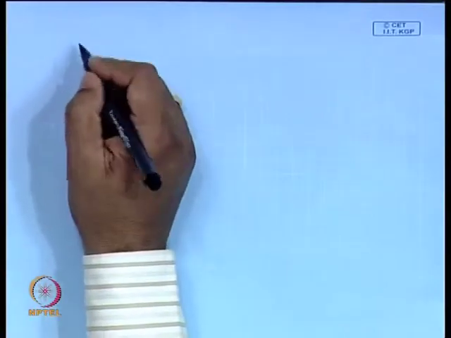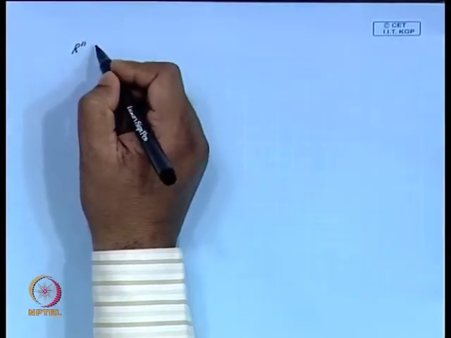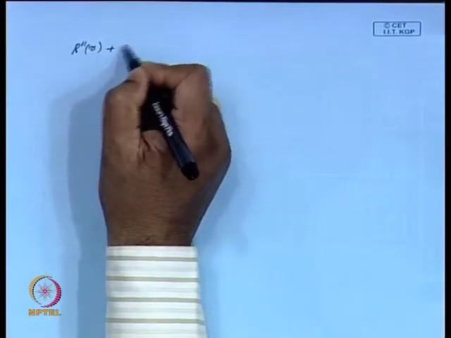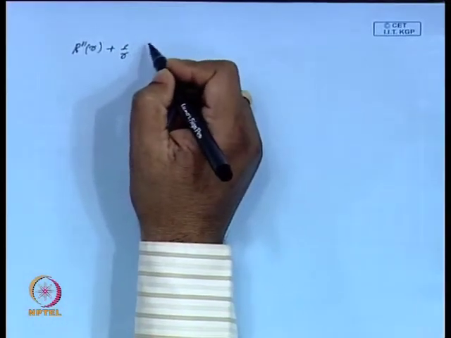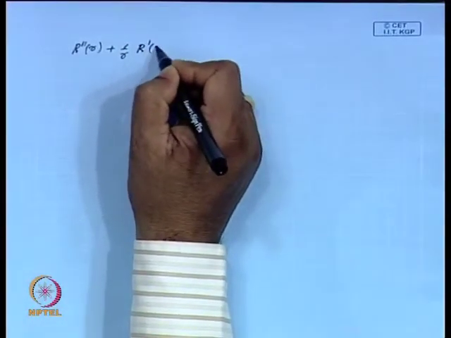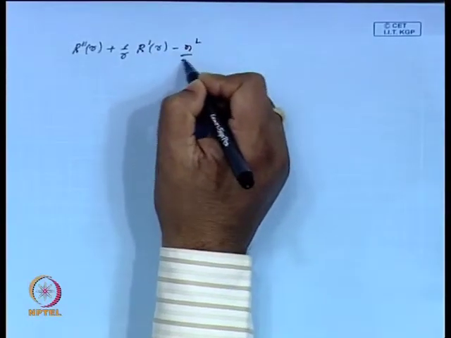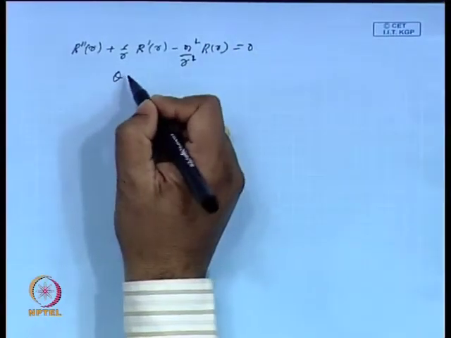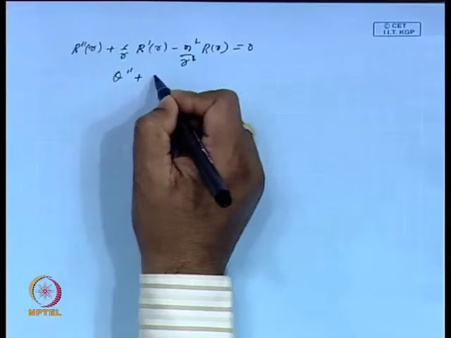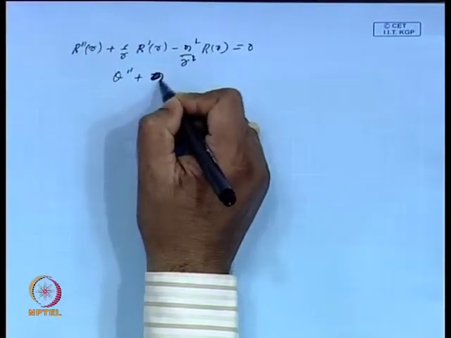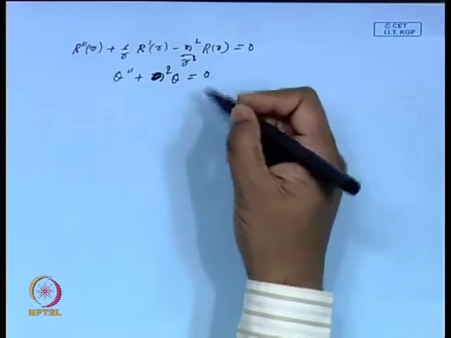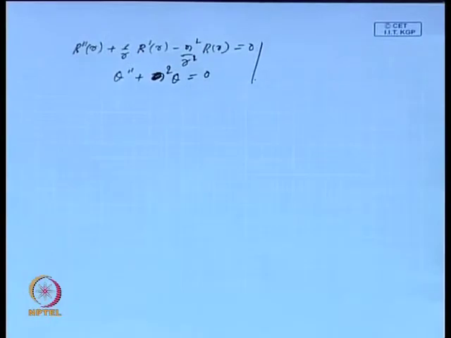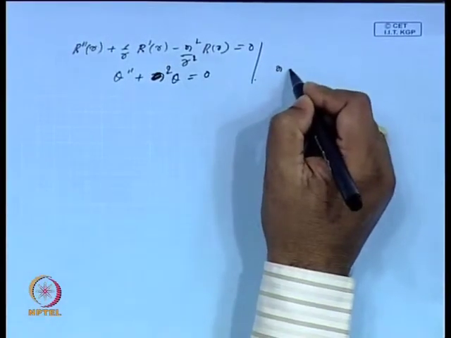I will get easily that r squared R double prime plus r R prime minus n square R is 0, and Theta double prime plus n square Theta is equal to 0. So, here I obtain individual equations by substituting, where n is an integer.